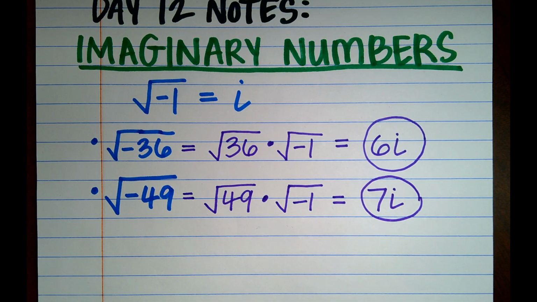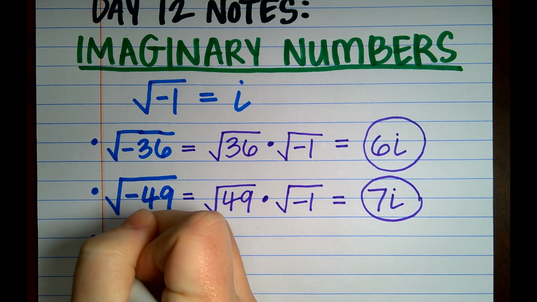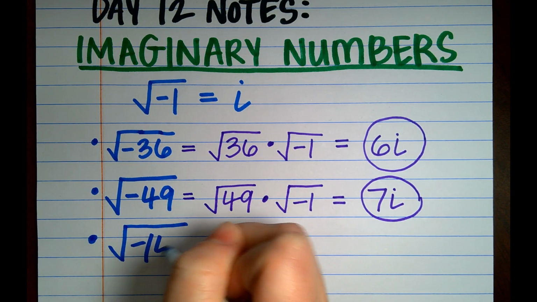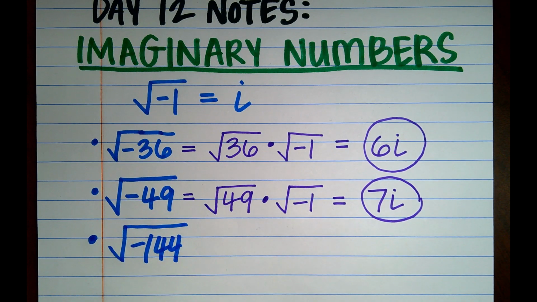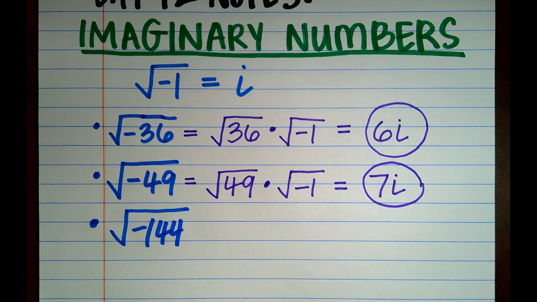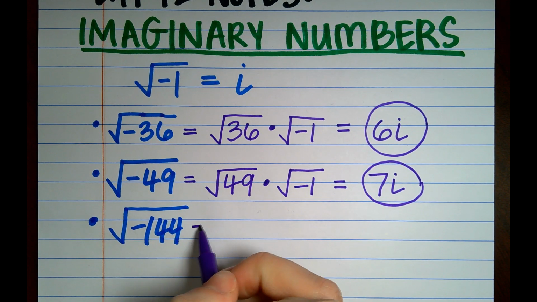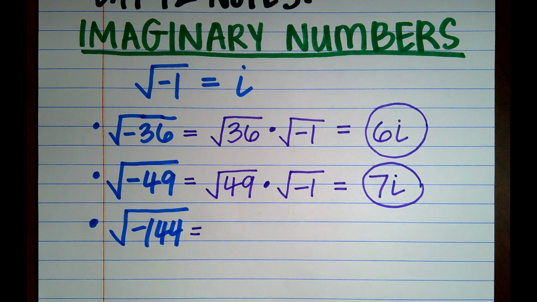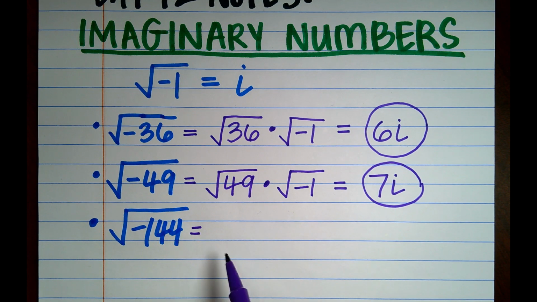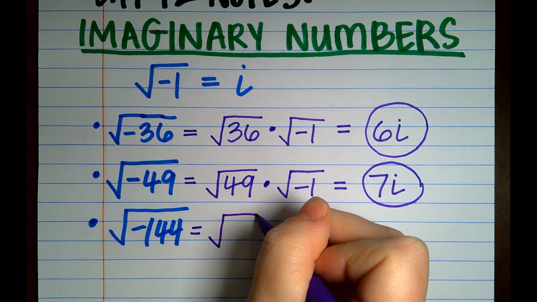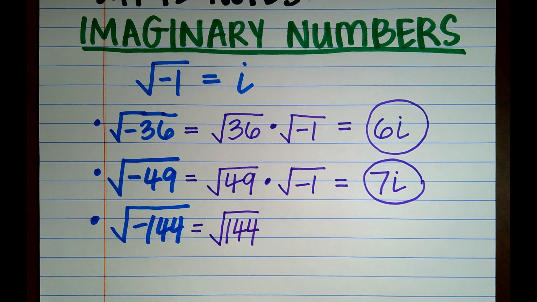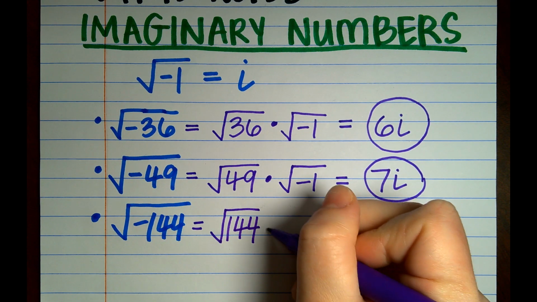Let's do another one. How about the square root of negative 144? How would I break this up in my next step? The square root of positive 144 times the square root of negative 1.